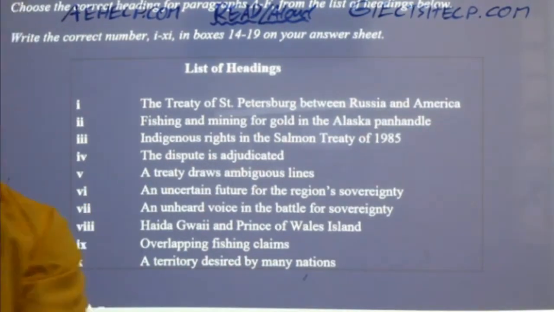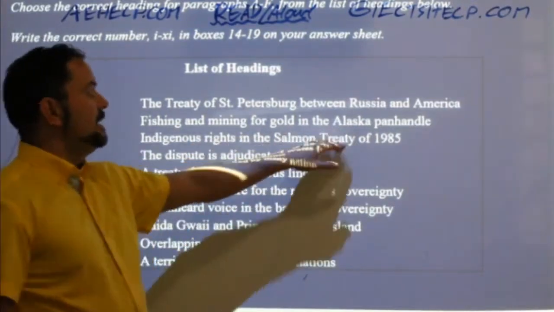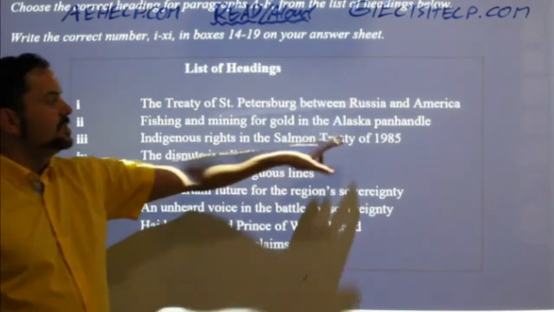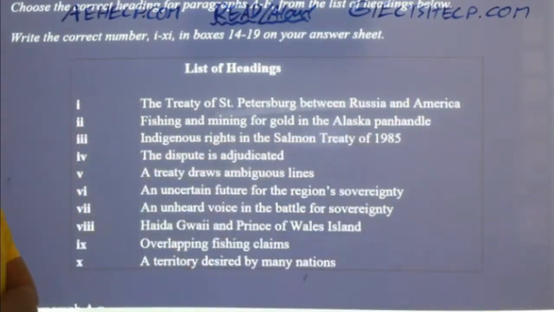So fishing dispute in the territory. Sammy, fighting for fishing rights in the Alaska region, coastal region. Okay. So fishing and mining for gold in the Panhandle. We don't have mining, and it's not just the Panhandle here. So yeah, I would agree.